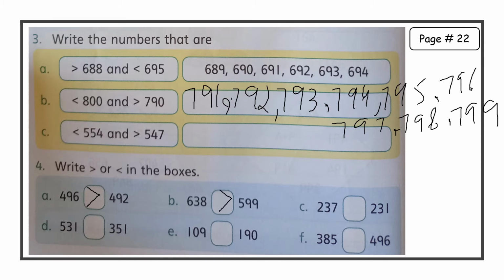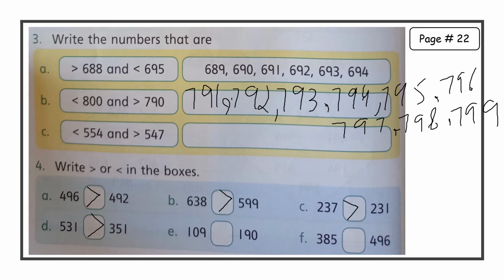And in this one it's 237 and 231, so we'll use the greater than symbol again. Okay, and in the next one it's 531 and 351, again it is greater, so we'll write the greater than symbol.